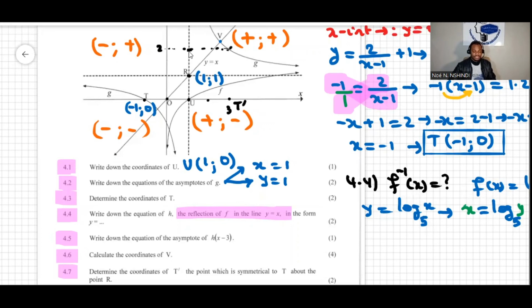Now we can just connect the two and see that the point t prime will be somewhere there, and its coordinates are 3 and 2.